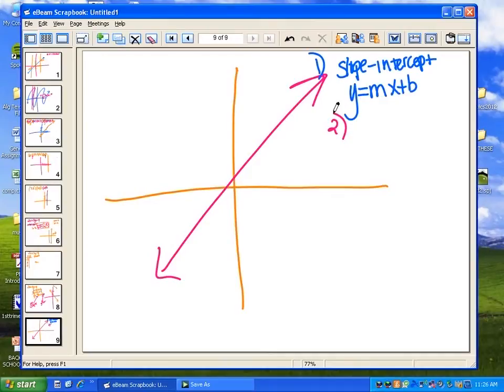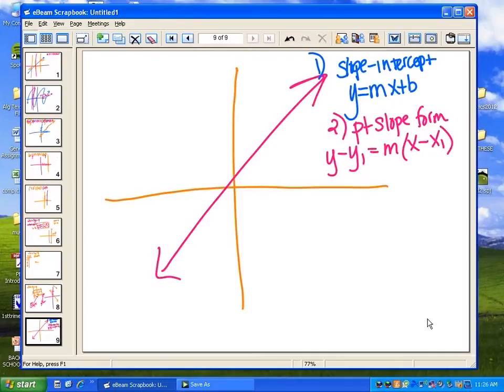Point slope. So we have point slope form. What is it? What's the formula? Hunter, what's the formula? Y minus y1 equals m times the quantity x minus x1. Good. And our third way to write an equation of a line, Caitlin? Standard form.